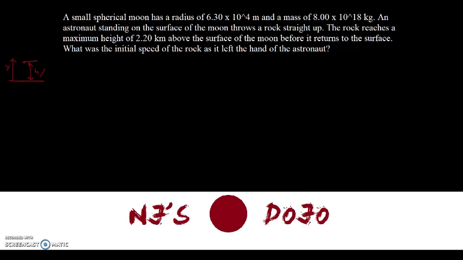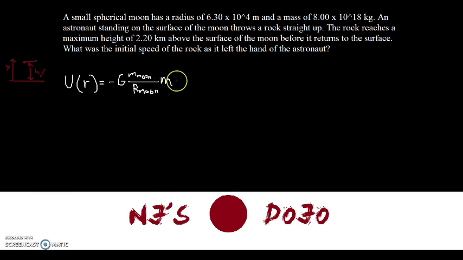Using the previous equation we tackled on the previous slide, the gravitational potential energy as a function of radius is equal to negative G, the gravitational constant, multiplied by the mass of the moon, divided by the radius of the moon, and we multiply it by the mass of the rock.